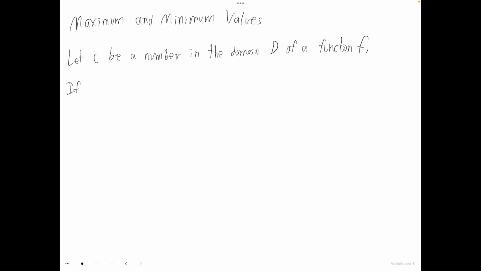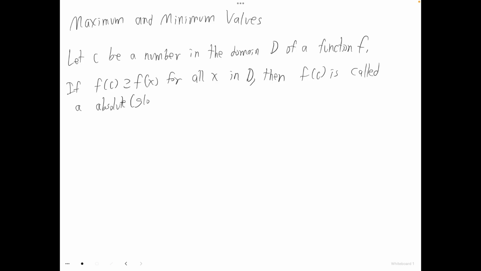If f of c is greater than or equal to f of x for all x in the domain D, then f of c is called an absolute, or sometimes it is called a global maximum.